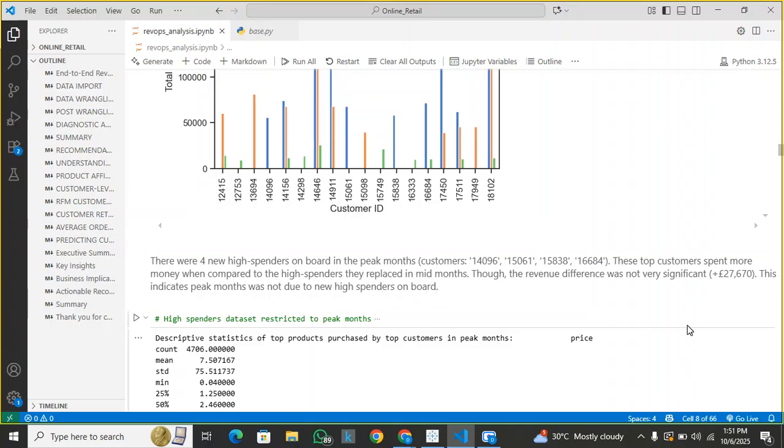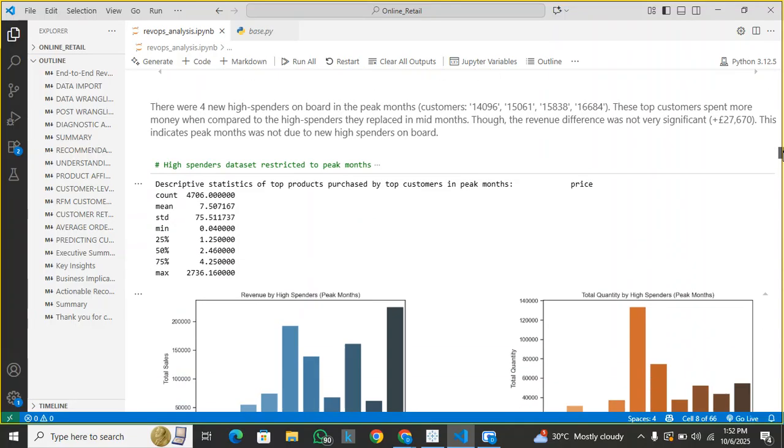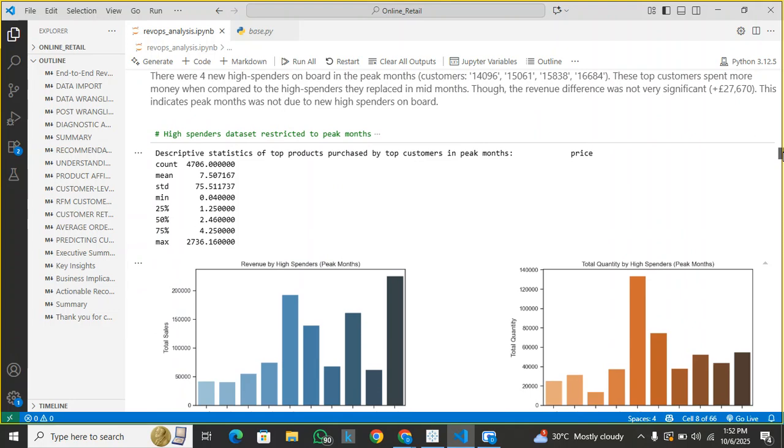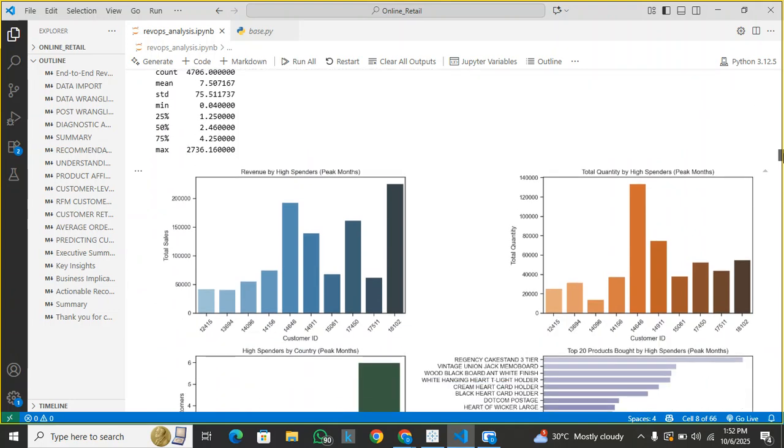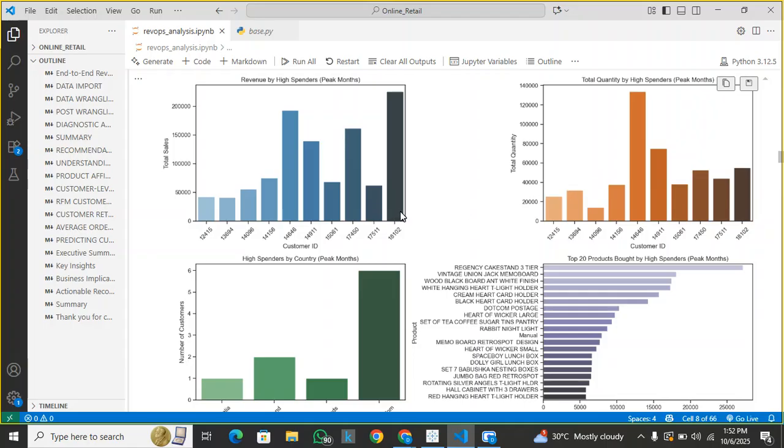So this indicates that the peak months were not due to new high spenders coming on board, because £27,000 is too low to influence that level of peak in the revenue trend.